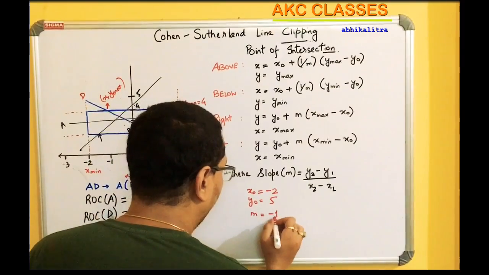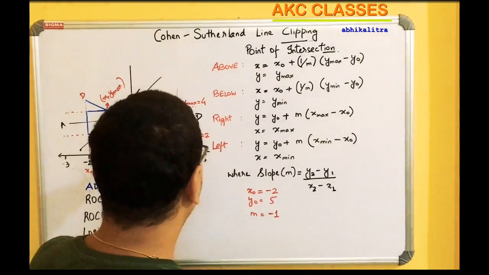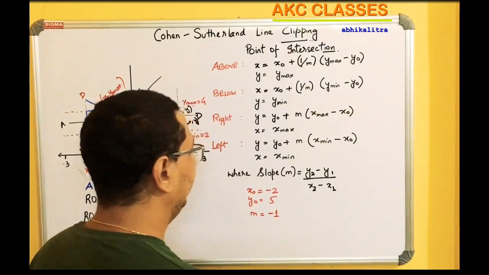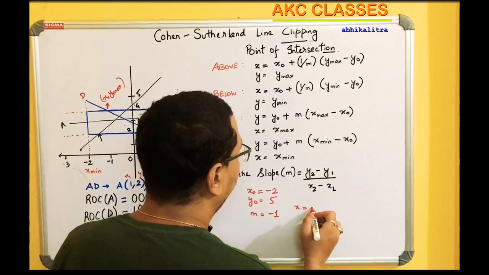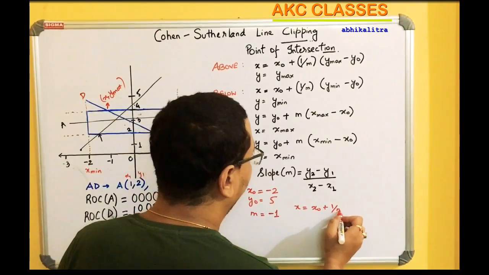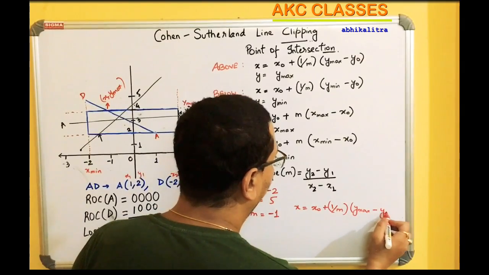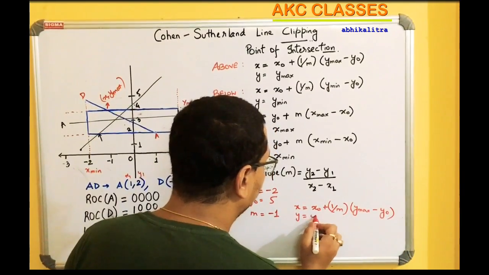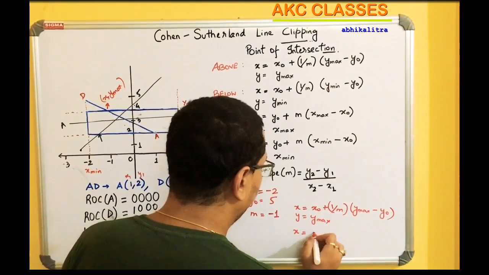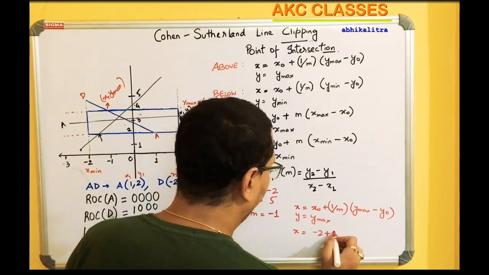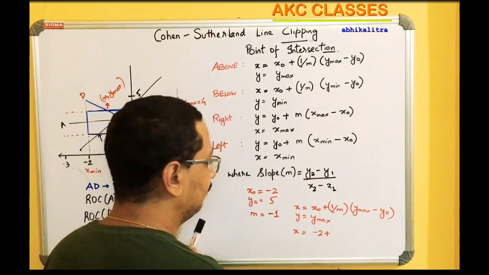When we get m equal to -1, we are supplied with this coordinate location and the slope of the line. We have to calculate the equation of the line using this particular formula. So x will be equal to x0 plus 1 by m into y max minus y0, and y will be equal to y max. So x equals x0, meaning -2, plus 1 by the slope, which is -1.